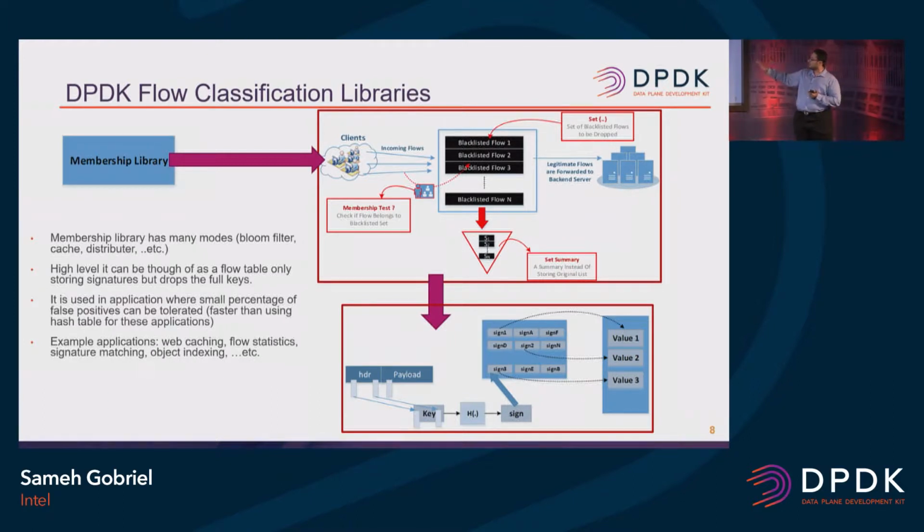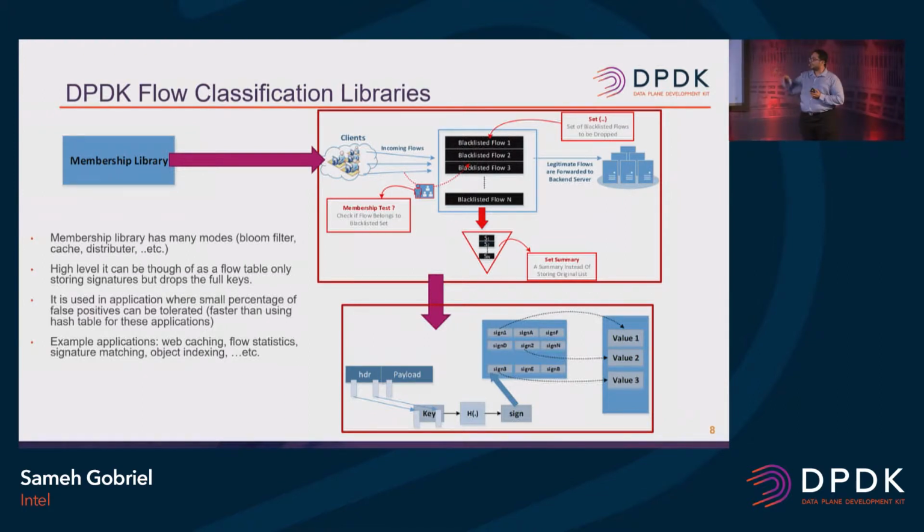So by storing just the signatures, you can still perform your classification, but at the expense of some false positives, in that case, which says if a flow is suspected to be blacklisted, it will require further analysis, but the good ones will go very fast.